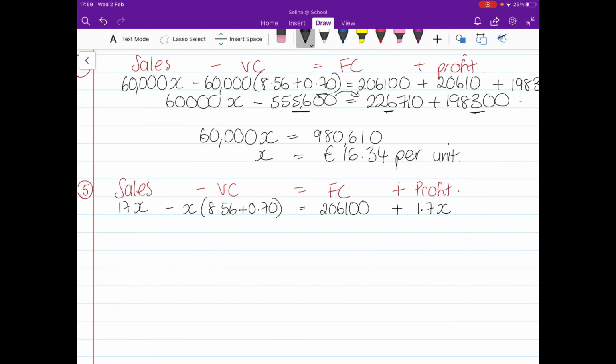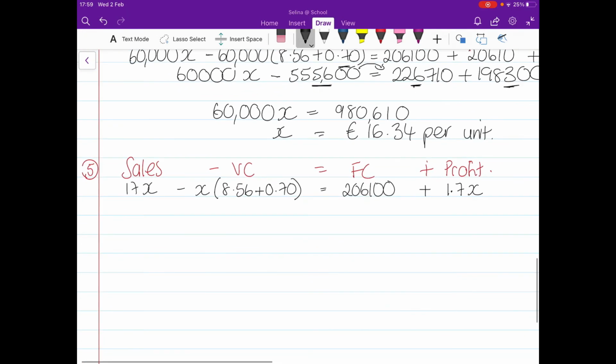You just start doing your algebra again. So we're going to have lots of x's on this one. So we're going to go 17x, and that's going to be minus 9.26x.